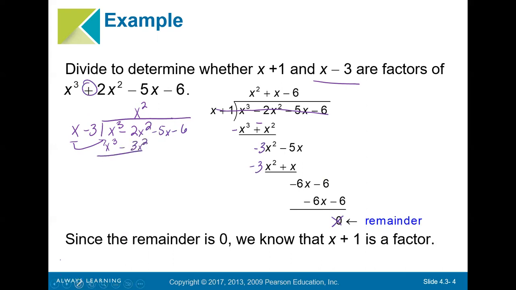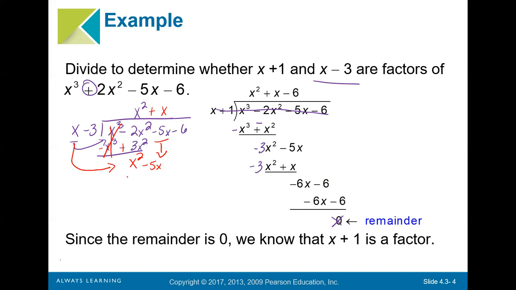Find the difference. When I find the difference, it means we're going to subtract. So that gives me 0 here, and then -2x squared plus 3x squared is just x squared. Let's bring down the -5x. Now say x times what gets me close to x squared. I know a positive x.